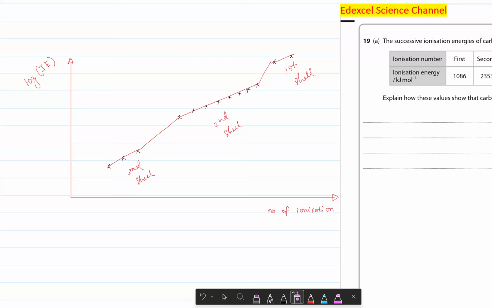The reason being is that whenever you are done with one quantum shell or one main shell, the next electron that is being removed will require a higher amount of energy.